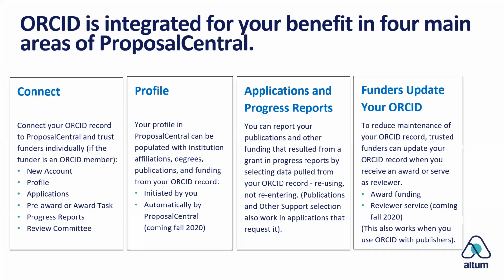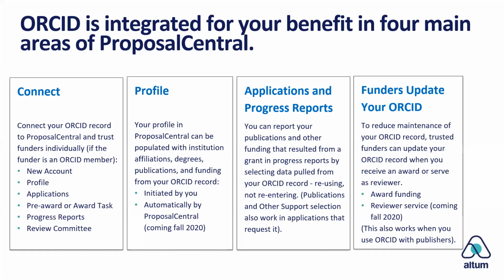And so you can connect your ORCID record to Proposal Central when you start, or if you already have a profile, you can pull the data into your profile. And then in applications and progress reports, you can use the content like publications and degree information and other funding that you've gotten in those applications where the funder asks for that kind of information in that process.